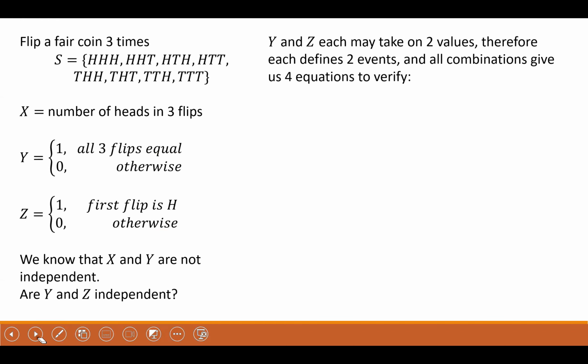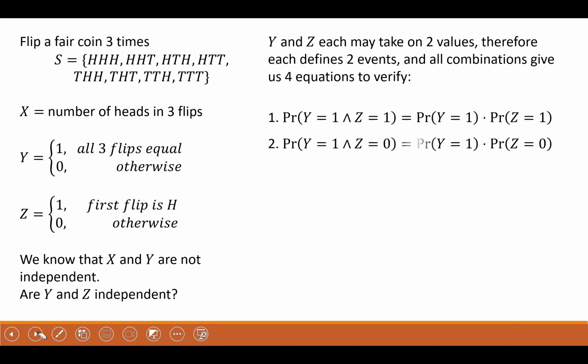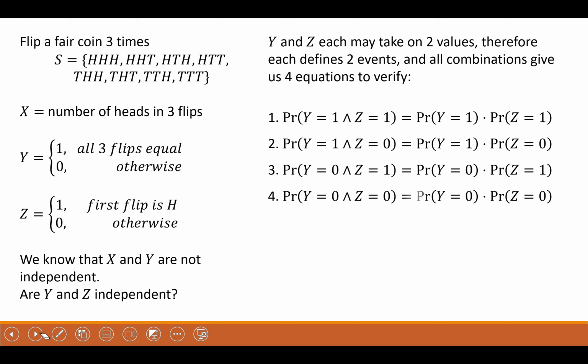So let's test it out. Y and z each take on 2 non-empty values, right? So I can have 2 events for y and 2 events for z. So I look at all combinations. There are 4 possible intersections of events. So I can have y equals 1 and z equals 1, y equals 1 and z equals 0, y equals 0 and z equals 1, or y equals 0 and z equals 0.